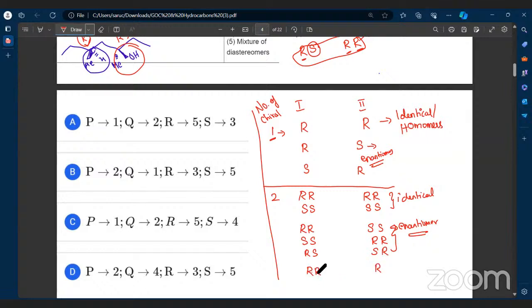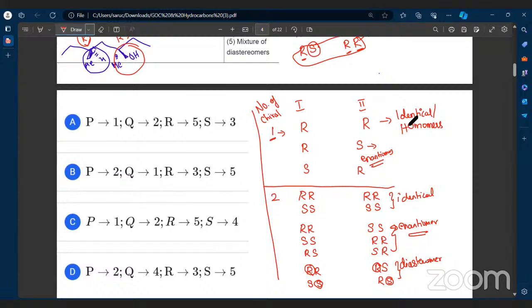If both are different, it is an enantiomer. If any one is the same, then they are said to be diastereomers. This is also applicable if you have three chiral centers. So this is how you find out whether they are enantiomers, diastereomers or homomers.